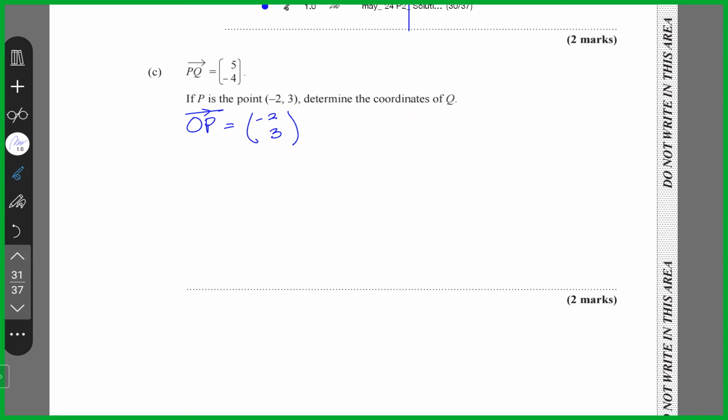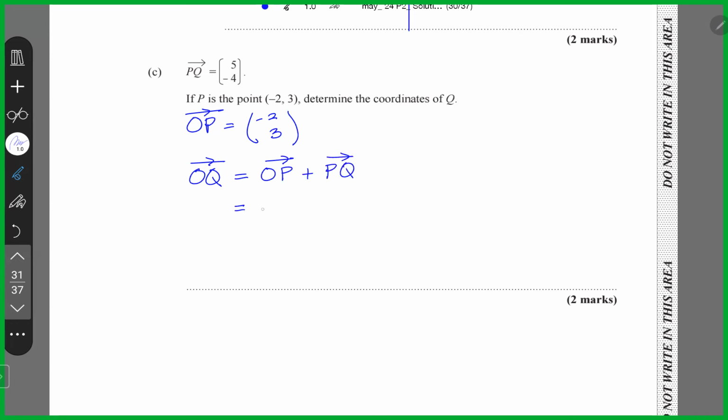The position vector and the coordinates have the same value. Therefore, if I want to determine the coordinates of Q, I need to find the position vector OQ. Now, OQ would be equal to OP plus PQ.